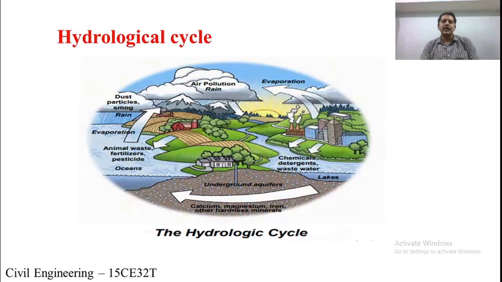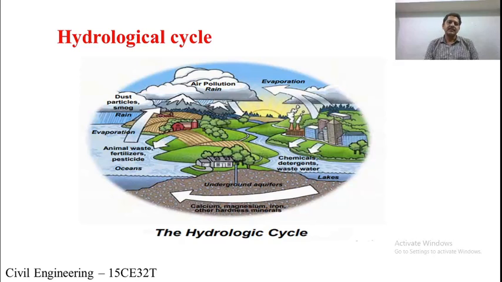So let us study the hydrological cycle of water to know the stages of impurities that may enter into the water. If you observe the hydrological cycle of water, all the evaporated water from the surface of the water enters into the atmosphere and is condensed in the clouds in the form of droplets.